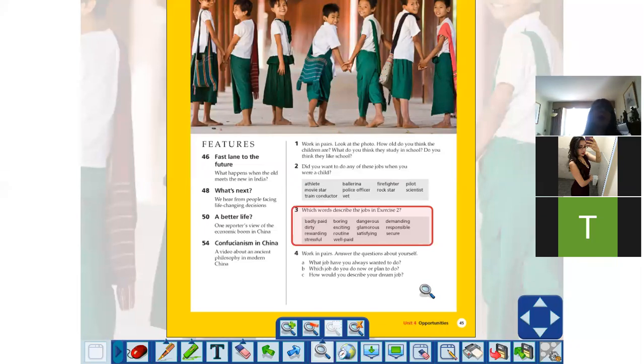My dream job would be, I don't know. Tiare, what would I say? Empresaria? Yeah, maybe you can say an entrepreneur, or businesswoman. Businesswoman also. You can use these words. Businesswoman.